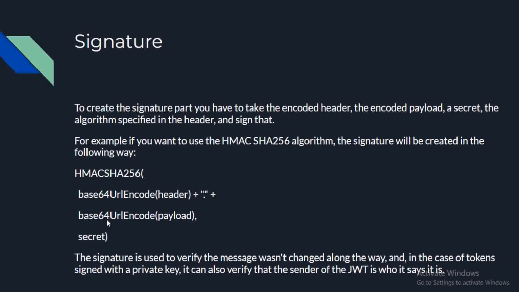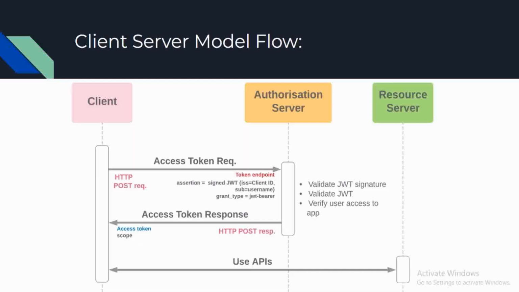Here you can see HMAC SHA256 applied to the Base64 URL encoded header, the Base64 URL encoded payload, and a secret key. The signature is used to verify the message wasn't changed along the way, and in the case of tokens signed with a private key, it can also verify that the sender of the JWT is who it says it is.